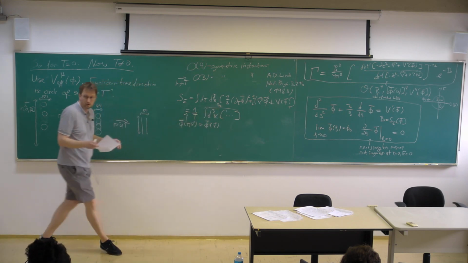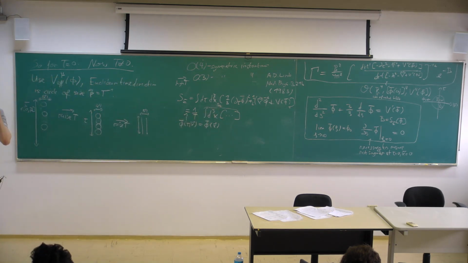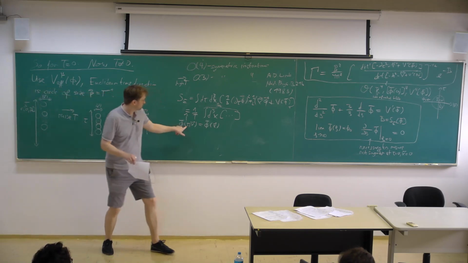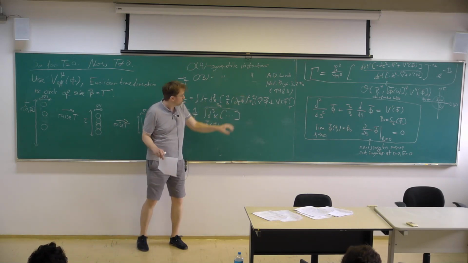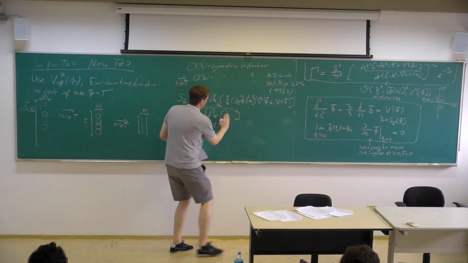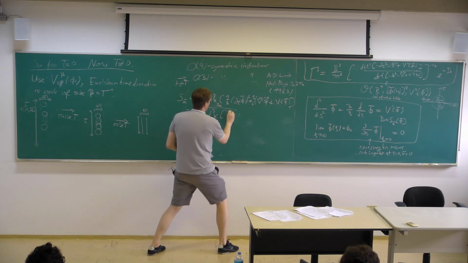So what happens to the derivative? Again, this just becomes constant in tau, right? So this term goes away.